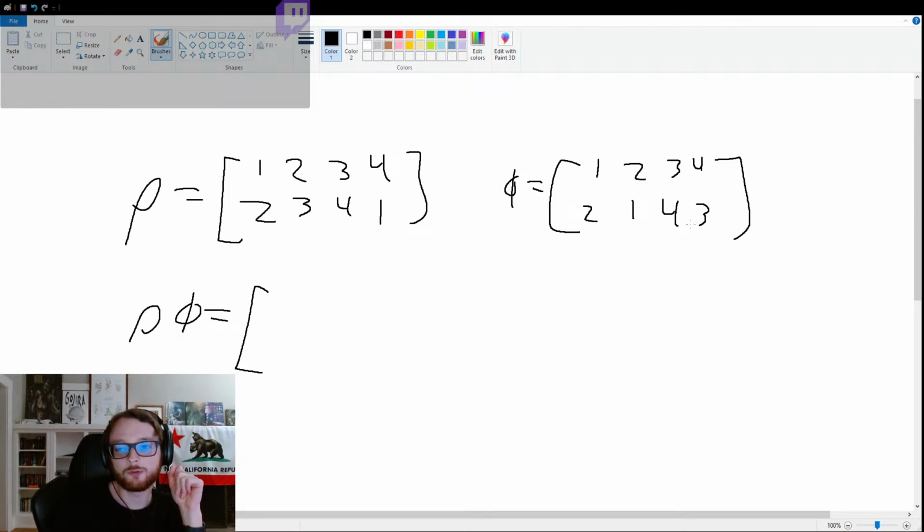So we start with phi. 1 gets mapped to 2, 2 gets mapped. Oh, wait, well, let's do 1, 2, 3, 4. We feed a 1 into this composition Frankenstein permutation. 1 to 2, 2 to 3.